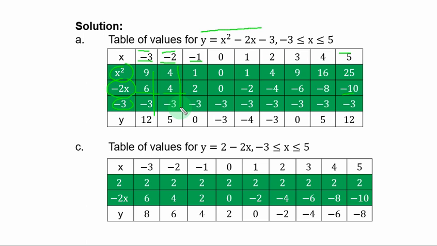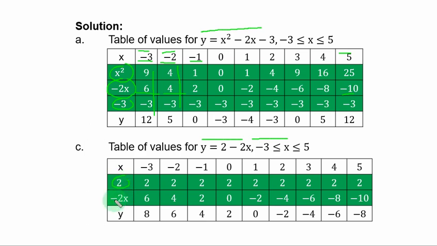Now, let us jump to part C of the question and also construct the table of values for the linear graph y equals 2 minus 2s, using the same range of values of s. 2 is a constant. You write it under each value of s.